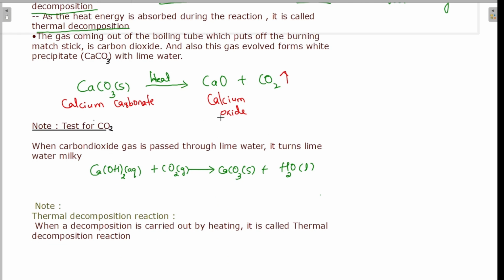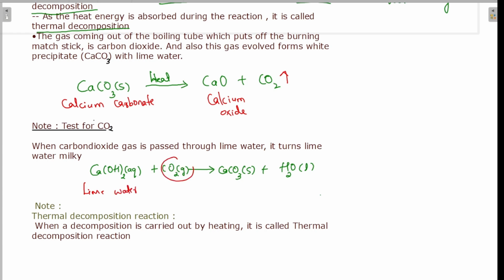As we have already studied, when carbon dioxide gas is passed through lime water, it turns lime water milky. See the reaction here. This is calcium hydroxide, which is also called lime water. The solution of calcium hydroxide in water is called lime water.